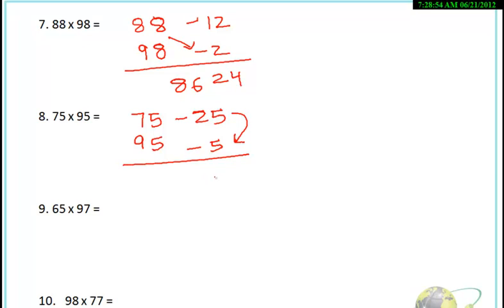So 25 5s are 125. We'll write 25 and 1 will be carried over. Now 75 minus 5 is 70, and with this 1 we get 71. So the answer is 7125.